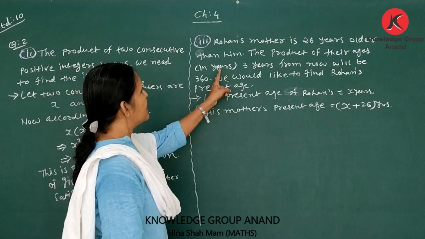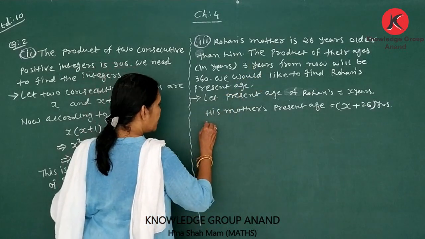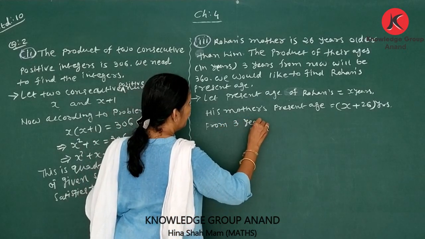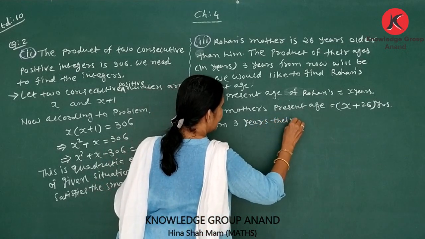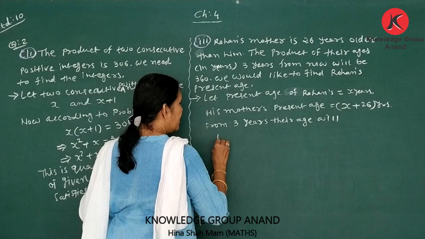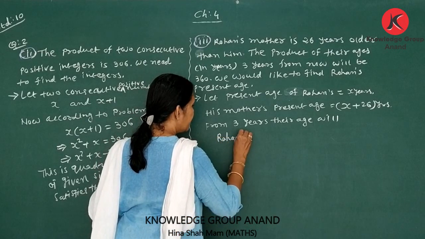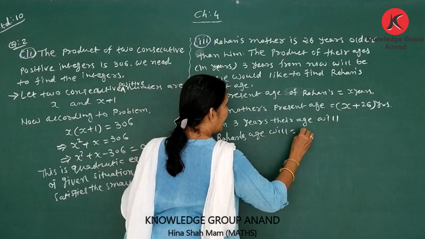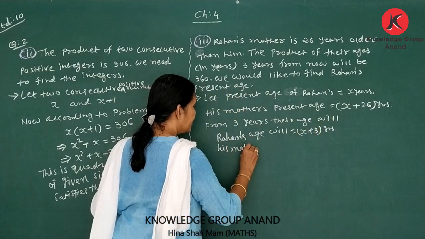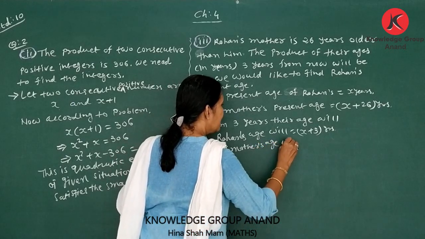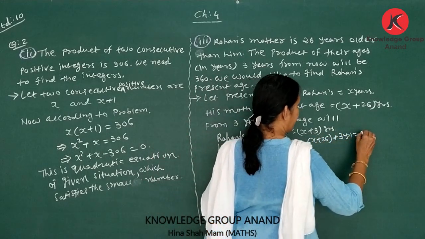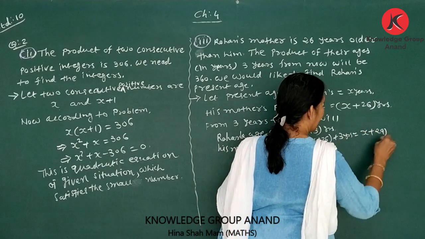The product of their ages 3 years from now. After 3 years, their ages will be, Rohan's age is equal to x plus 3 years, and his mother's age will be x plus 26 plus 3, which is x plus 29 years.